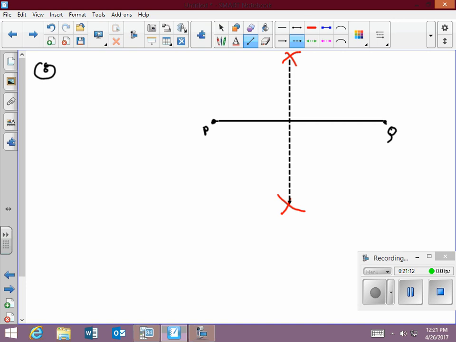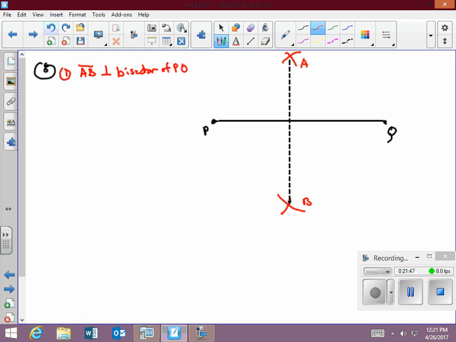Yeah, and then what you would say is that we call it AB. So AB is a perpendicular bisector of PQ, and that's construction 6.